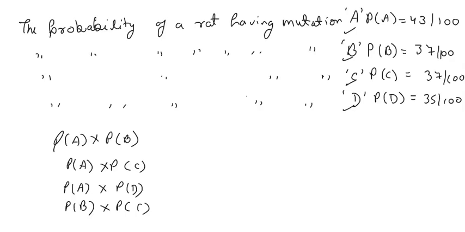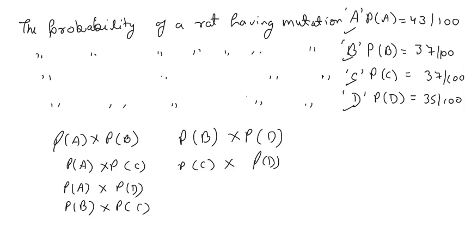Now here again it can happen with probability of B, so we multiply with probability of D. So moving further, probability of C in multiplication with probability of D.